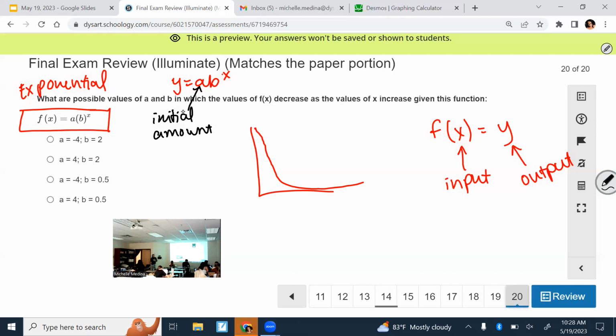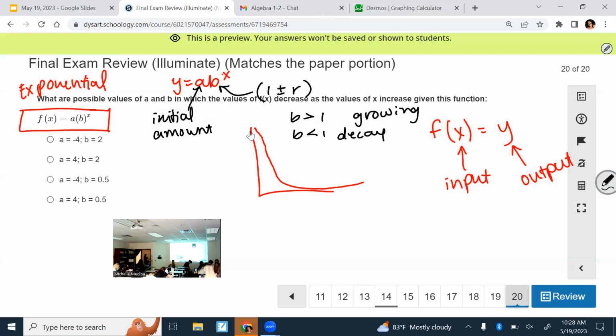The B will determine if it's increasing or decreasing, because B can be 1 plus or minus the rate. If B is greater than 1, then it must be growing, because it would have been 1 plus something. If B is smaller than 1, then it must be decaying, because it would be 1 minus. Does that make sense?